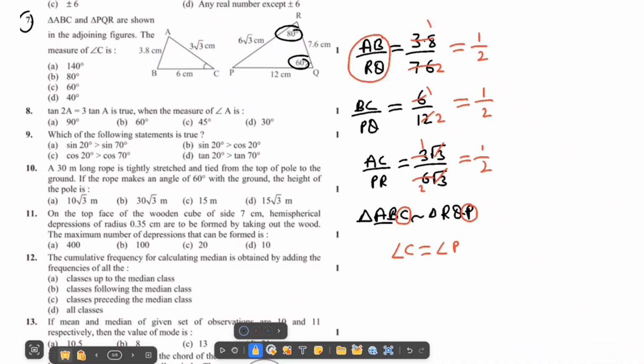The remaining 40 degrees will be at P only, right? So angle P is 40. Therefore angle C will also be equal to 40 as they are equal. Now let's check which option is right in the given ones. Option D is the right answer. Angle C is equal to 40 degrees.